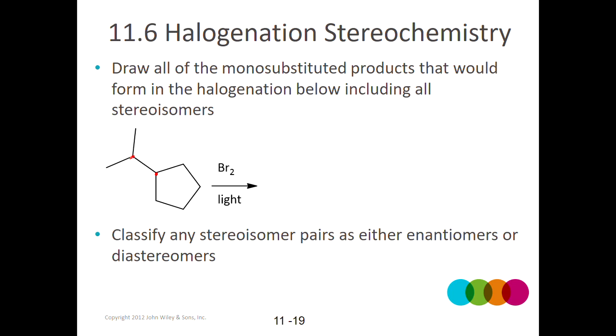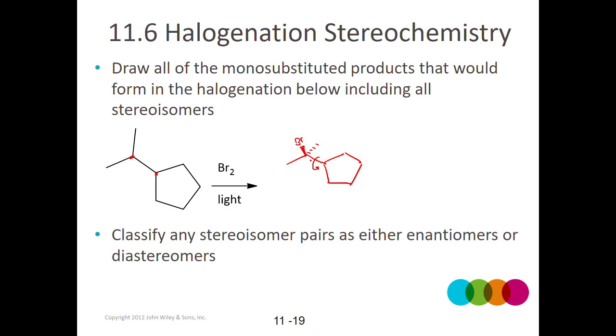So if the bromine comes in here, it could come in from the front, pushing this other methyl group back, or it could come in from the back, pushing the other methyl group forward. Does that make a difference? In this case, no, because this is not a chiral center. So this bond here can rotate.